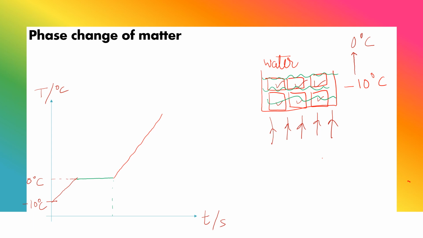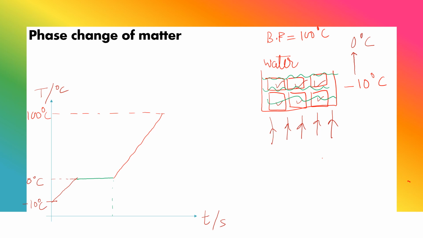So here we can add the boiling point, BP, as 100 degrees Celsius. So let's say the top of this graph is at 100 degrees Celsius, and again when the water reaches 100 degrees Celsius, the change in temperature will stop.